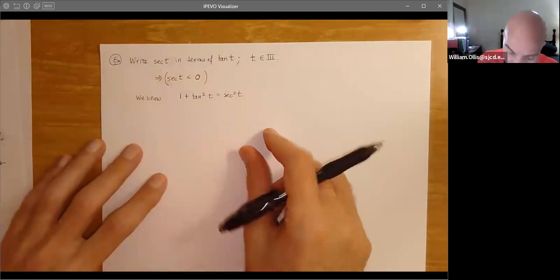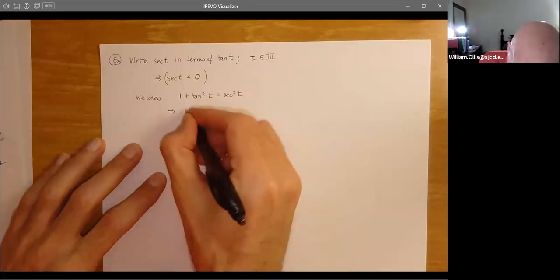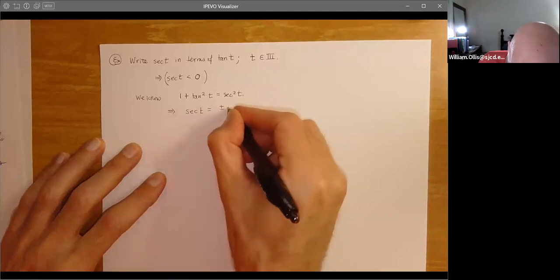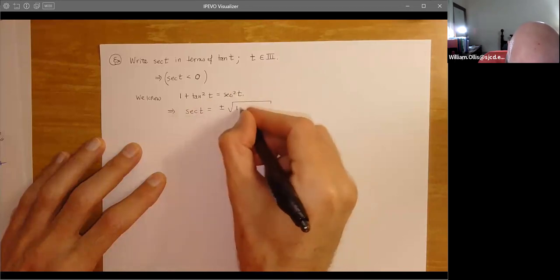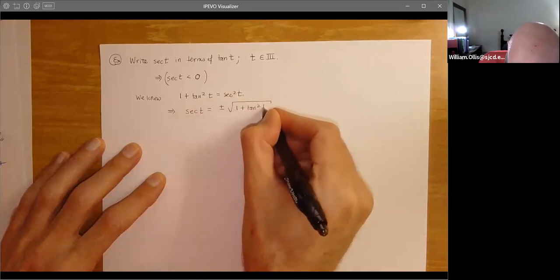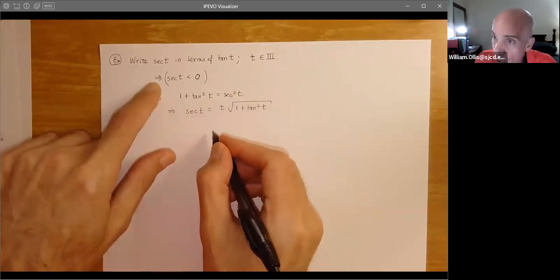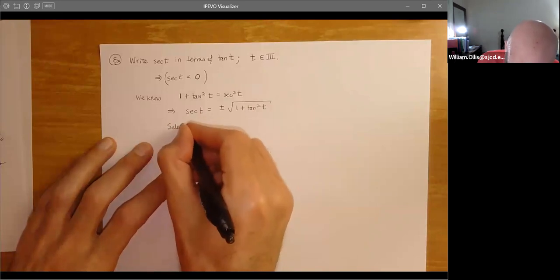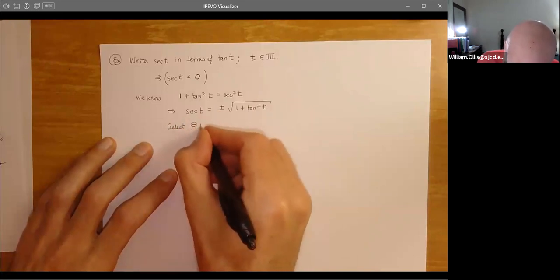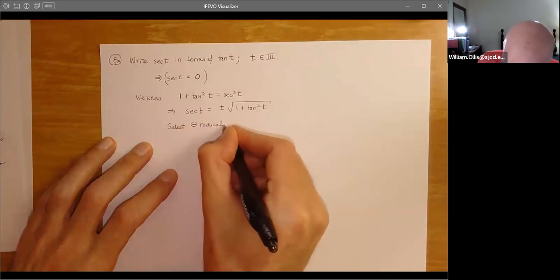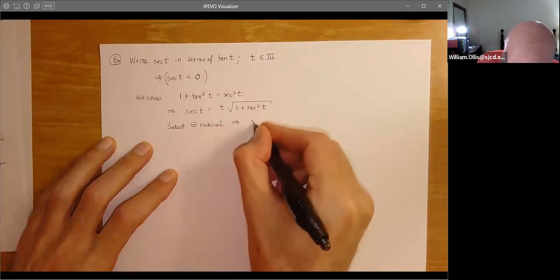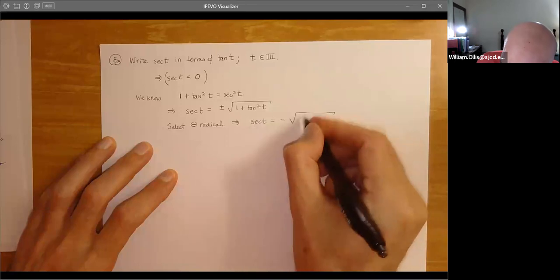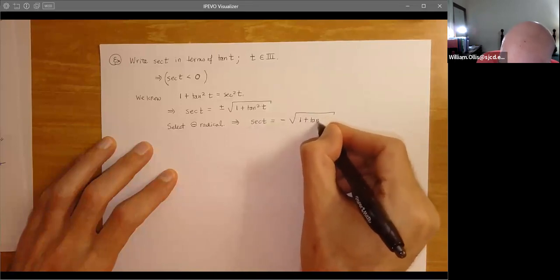So this implies that secant t is plus or minus the square root of 1 plus tangent squared t. But now we use our hypothesis that t terminates in the third quadrant, so that means we select the negative radical. So secant of t will be the negative of the square root of 1 plus tangent squared t.